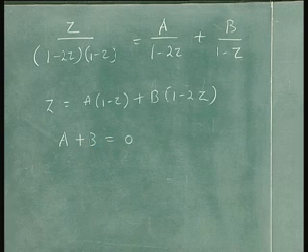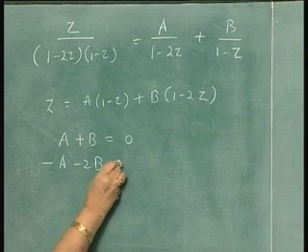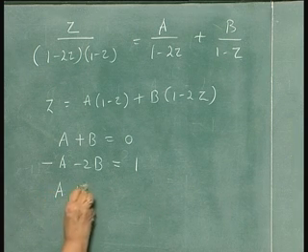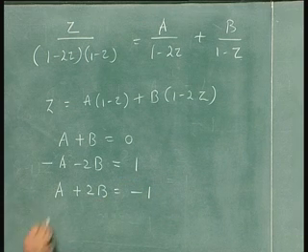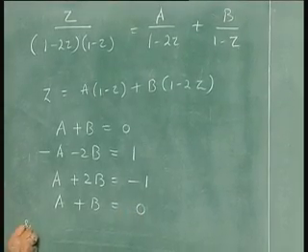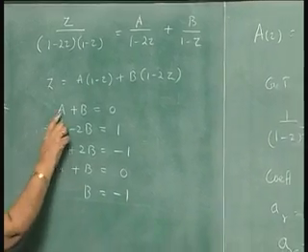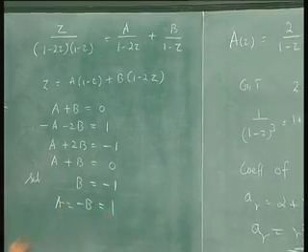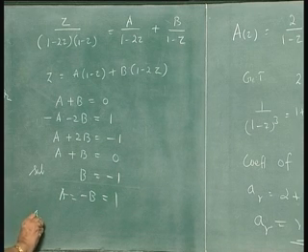Equating the coefficient of z, you have minus A minus 2B equal to 1, or A plus 2B equal to minus 1. A plus B is equal to 0, subtract, you get B is equal to minus 1. And because A plus B is equal to 0, A is equal to minus B, so A is 1 and B is minus 1.